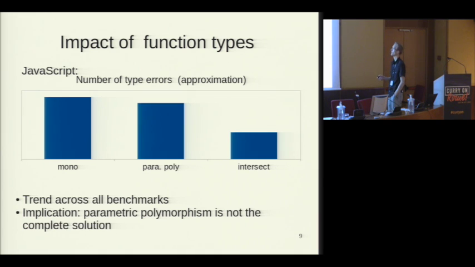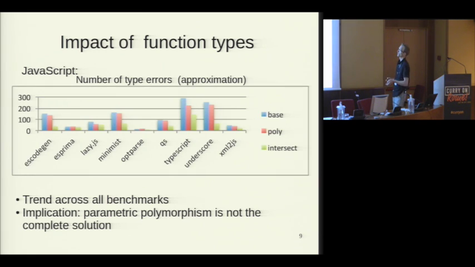And again, we see that the more precise type system, the one based on intersection types for functions, produces the least number of type errors. And we see that the trend again holds across all of the benchmarks. It's not just a single fluke.